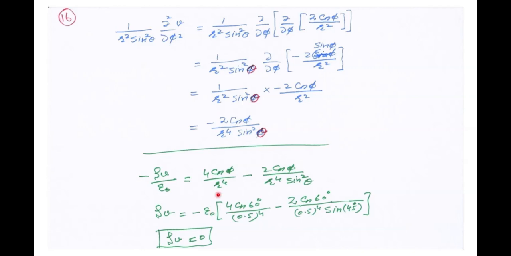So this is how to use the Poisson equation to determine the volume charge density from the potential function, and how to obtain the potential function using the Poisson equation if you know the volume charge density.